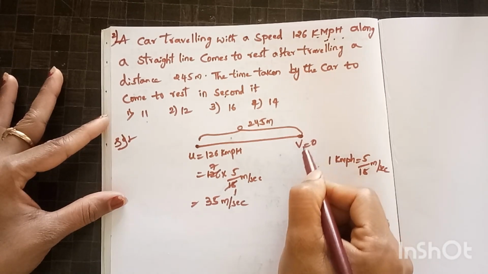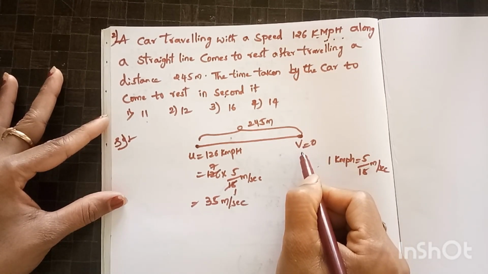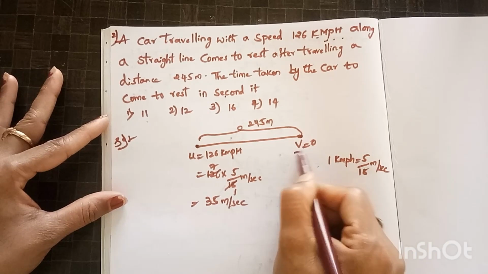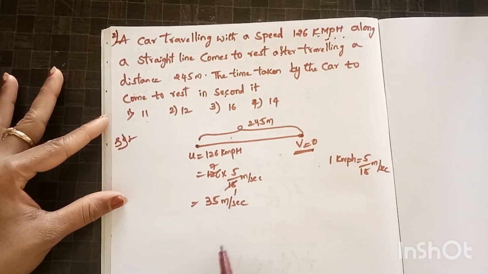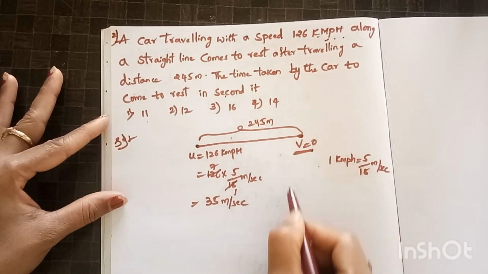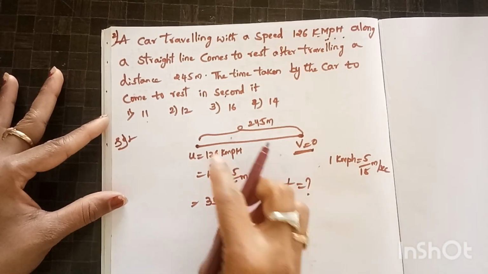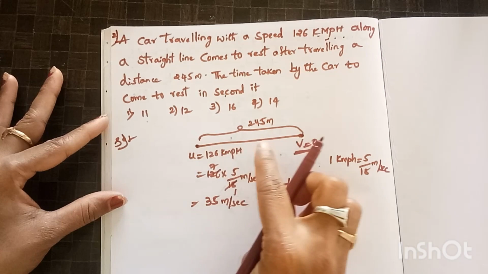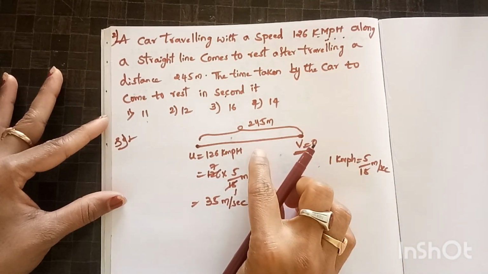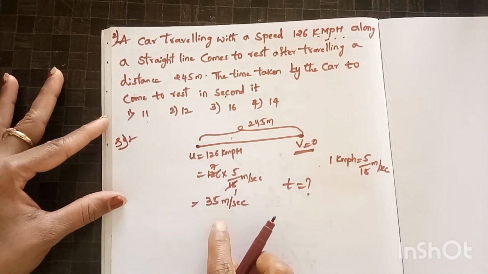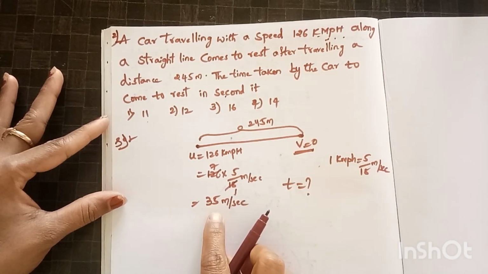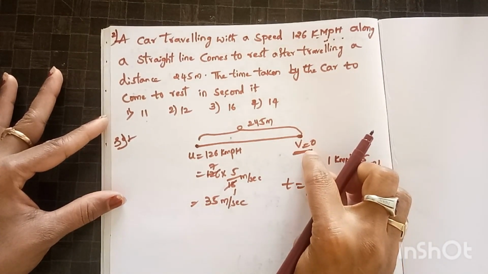Rest means the car's velocity, or speed, becomes 0. So by using these terms, he said to calculate the time: how much time the car takes to travel a distance of 245 meters with a speed of 35 meter per second to come to rest.